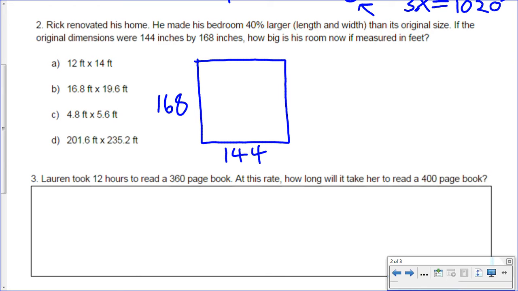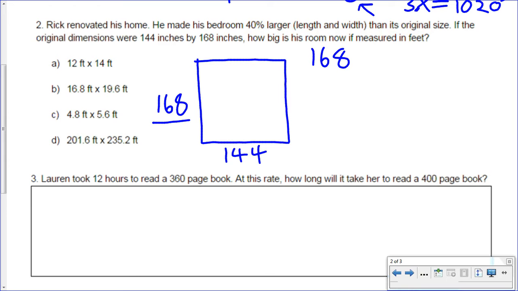So any number that you know that you want to increase by a certain percentage, we essentially need to find out how much is 40% of that number. So for instance, if we want to increase the 168 by 40%, we need to find out how much is 40% of 168.